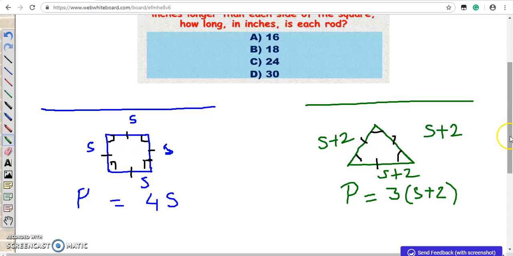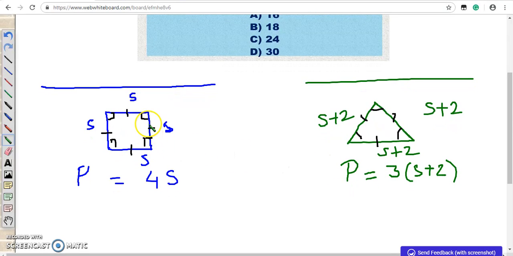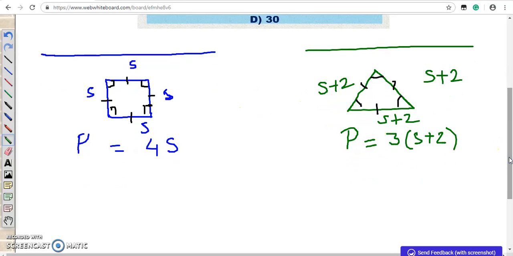And these perimeters should be equal. Why? Because the perimeter of each corresponds to the length of the rod, and the length of the rod is equal. So the perimeter must be equal as well. So we can write an equal sign here and solve this. 4s equals, if we expand, first I am multiplying 3 times s, that is 3s, and then 3 times 2, that is 6.